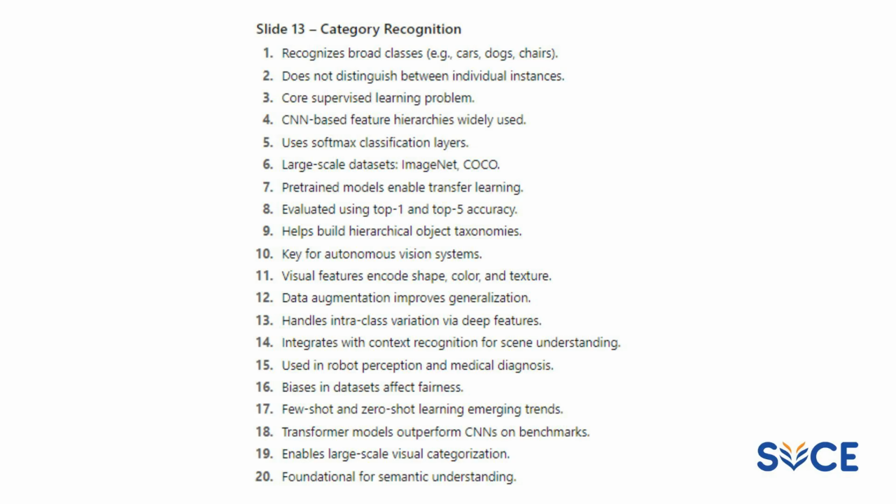With the advancement of deep learning architectures and massive datasets, machines are now capable of recognizing thousands of categories with human-level accuracy. It remains one of the most important and widely used techniques across domains, from autonomous systems to healthcare and digital content analysis.